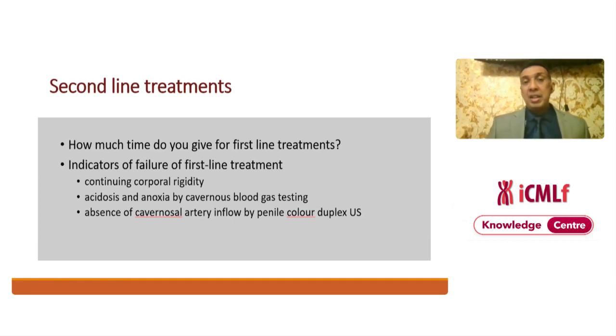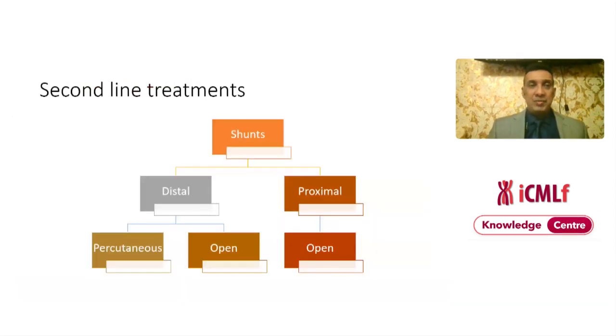What are the indications of failure? We're mainly talking about continuing corporal rigidity, acidosis and anoxia by cavernous blood gas testing, and absence of cavernosal artery inflow by color duplex ultrasound.